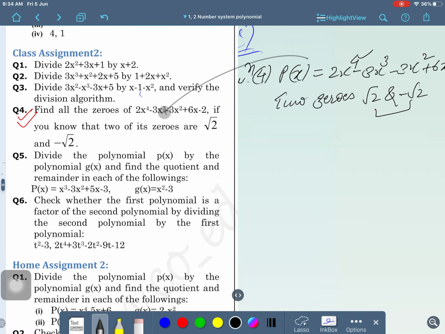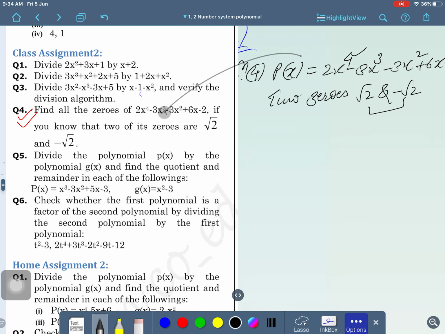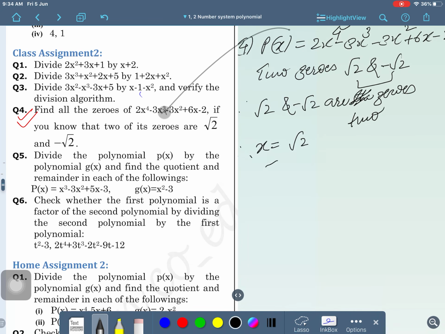So, the solution methodology. What will you write here? Since root 2 and minus root 2 are 2 zeros, clear? Therefore, the values of x, which implies that, what will be next here, please tell me.